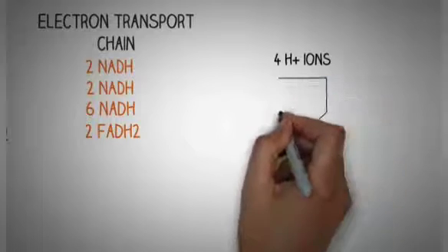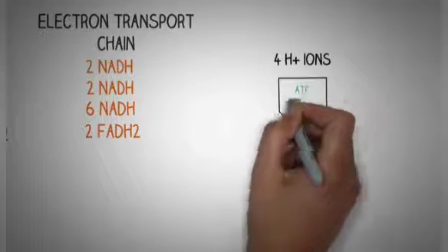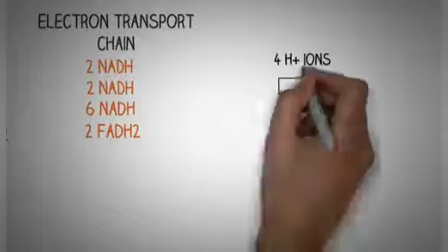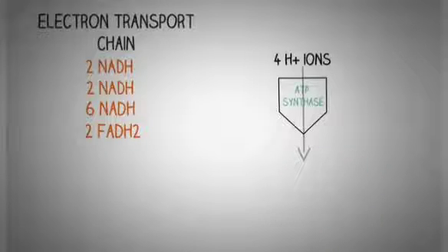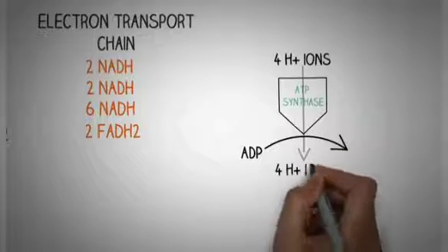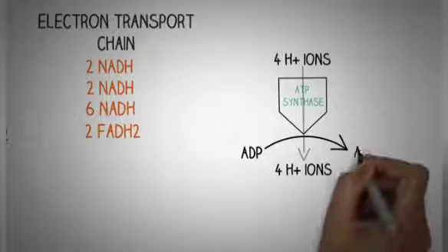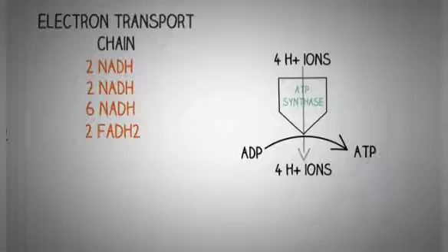In the electron transport chain, for every 4 hydrogen ions that flow through the ATP synthase, 1 molecule of ATP is generated. So when 4 hydrogen ions pass through ATP synthase, it is utilized for the phosphorylation of 1 molecule of adenosine diphosphate.